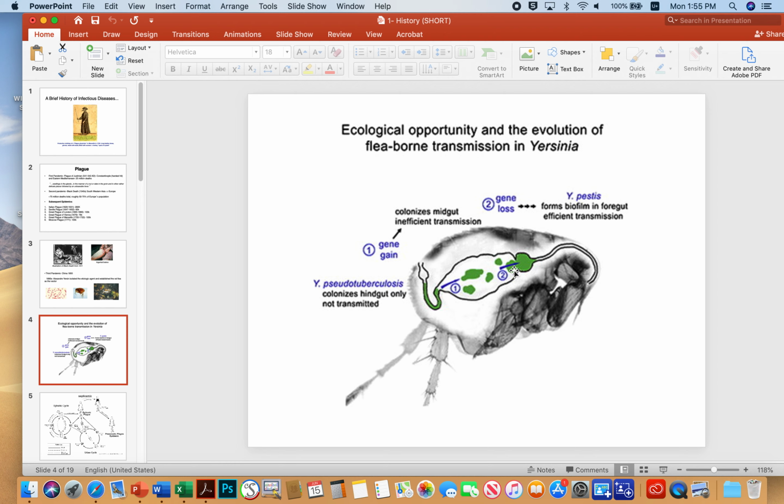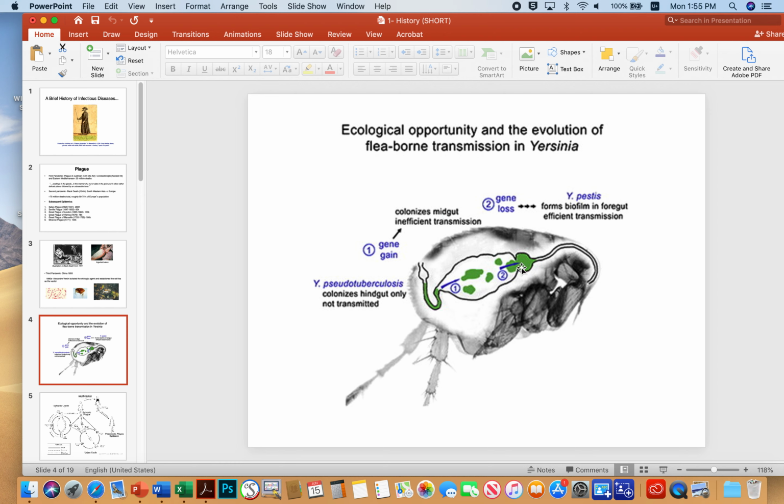And so the microbe will then form really pronounced biofilms in this foregut region, or proventriculus as it's called. And so as the microbes build up and stick to the tissue here, they actually can clog the esophagus and proventriculus of the flea, causing the flea to essentially starve.